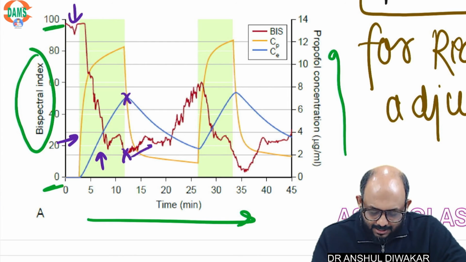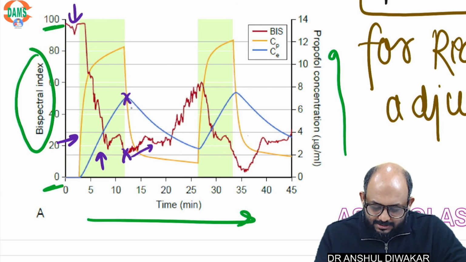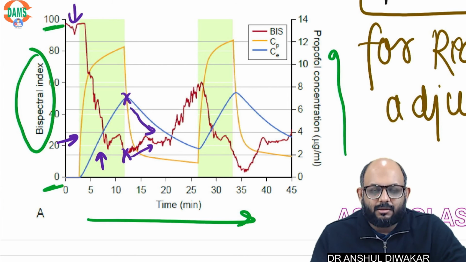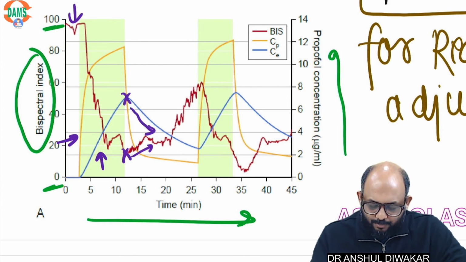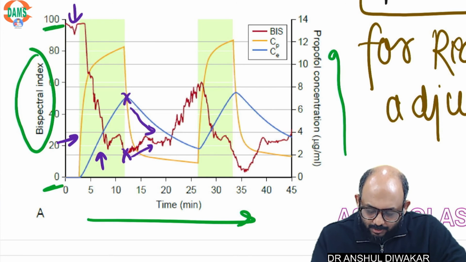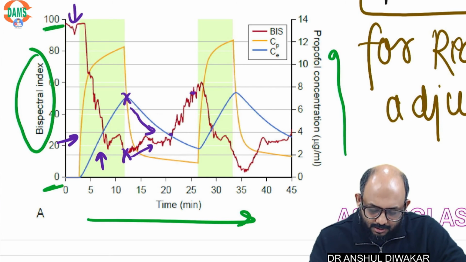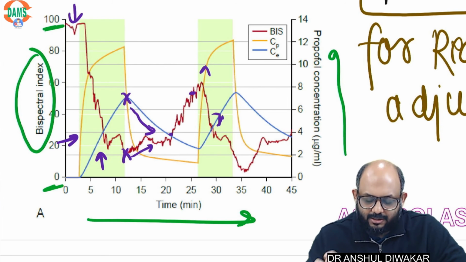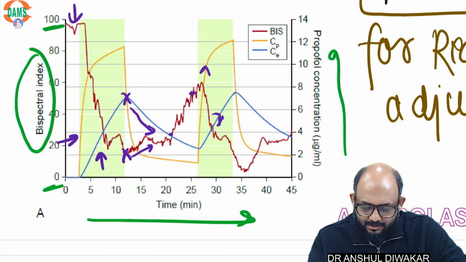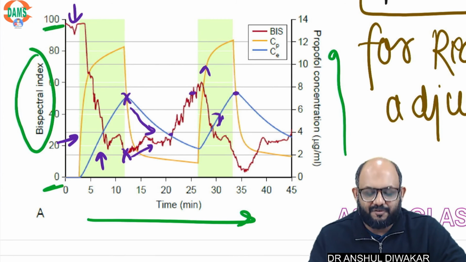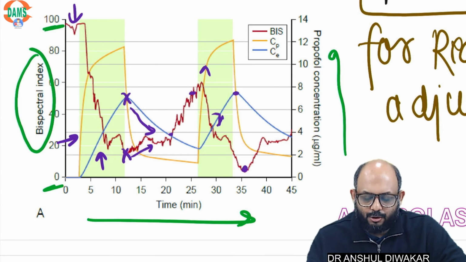As BIS will start rising, the effect site concentration will start falling. It will reach a point, suppose it comes to around here, which is 40 to 60, automatically after that the system will start increasing the infusion rate and the effect site concentration will increase because the plasma concentration is increasing. Again, at the highest effect site concentration, you get the lowest BIS.